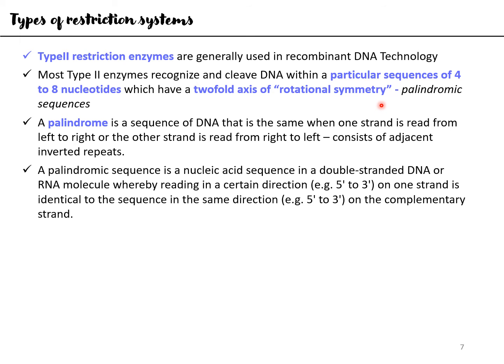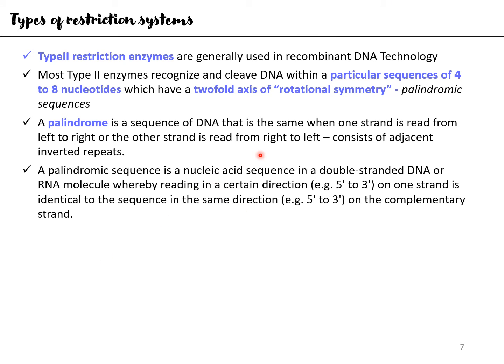A palindromic sequence is a nucleic acid sequence in a double-stranded DNA or RNA molecule whereby reading in a certain direction, say for instance from the 5' to the 3' end on one strand, is identical to the sequence in the same direction, 5' to 3', on the complementary strand.